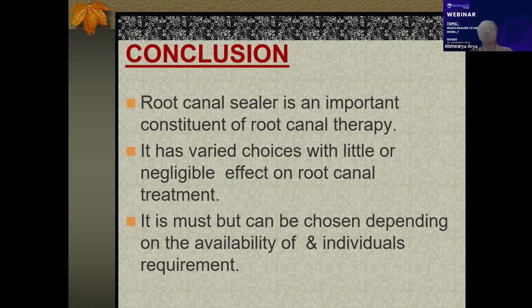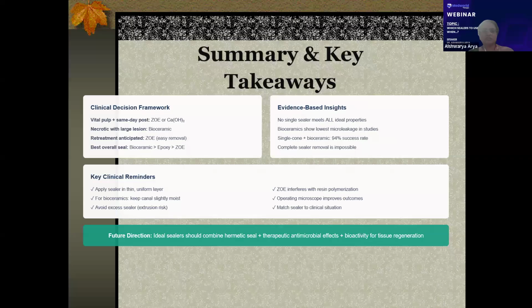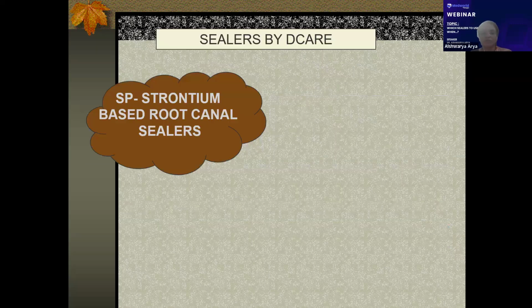So when you're using a proper technique of placing your sealer inside the canal, and clinically deciding which case you're going to use which sealer in, it is very, very important to have scientific knowledge and basics of which sealer you're going to use in all conditions of pulpitis cases. So this is a summary and a takeaway. You can just take a screenshot of all the evidence-based and clinical benchmarks of different kinds of sealers to be used in necrotic cases, retreatment cases, and providing an overall seal.